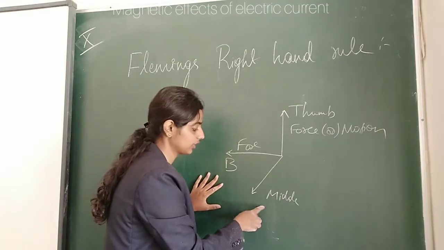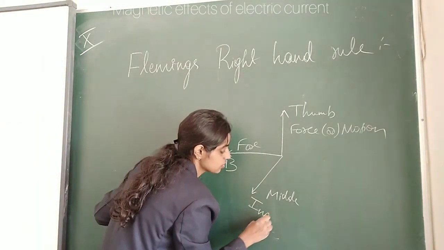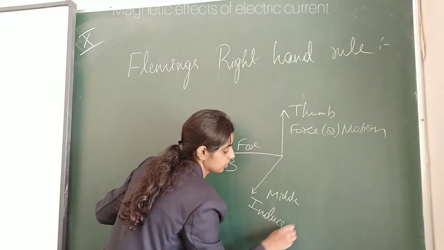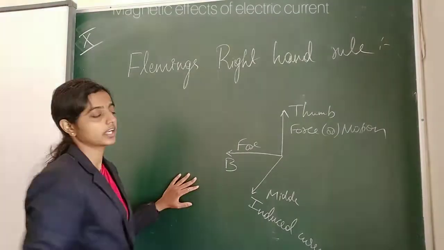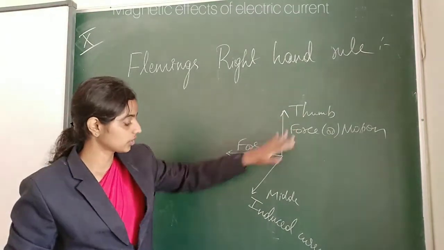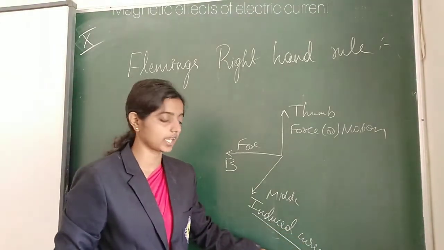And the middle finger represents the direction of induced current. So what is the use of Fleming's right hand rule? From Fleming's right hand rule, we can find out the direction of induced current.